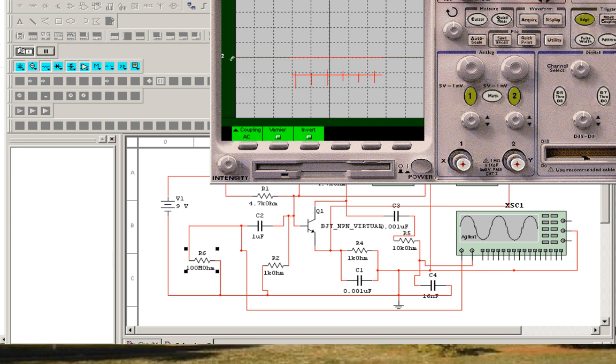It's generating some spikes. Whatever that is, it's just generating some noise spikes in there.